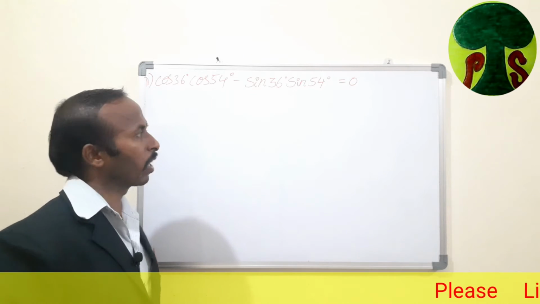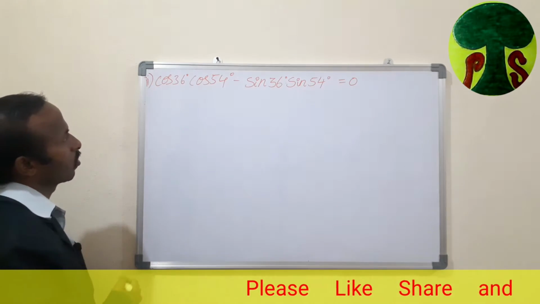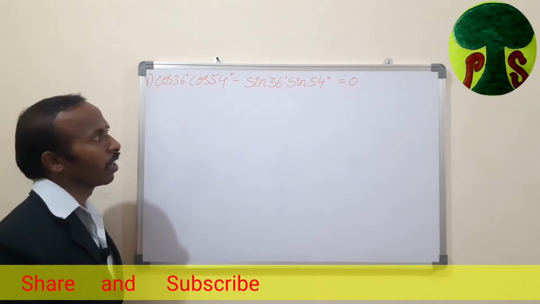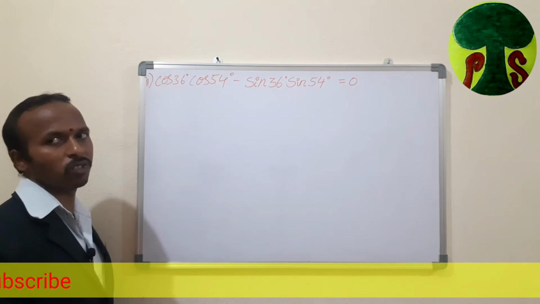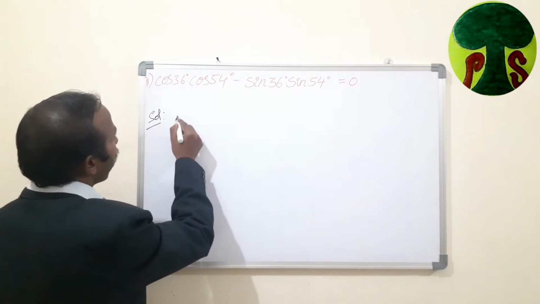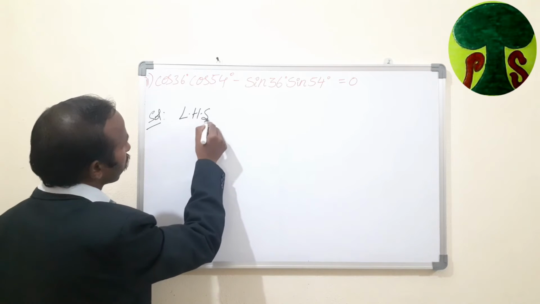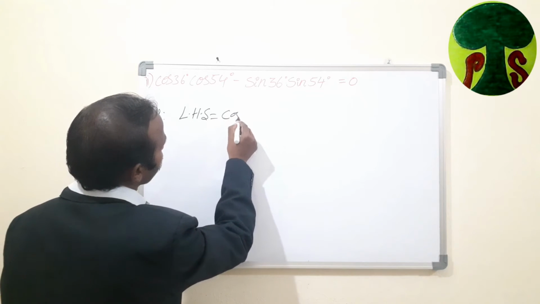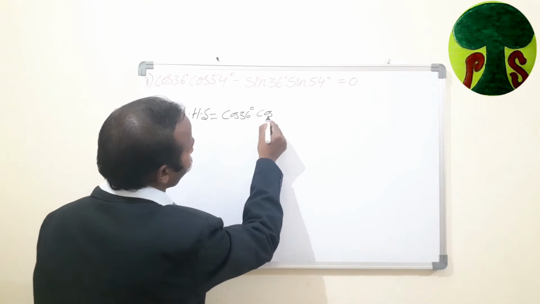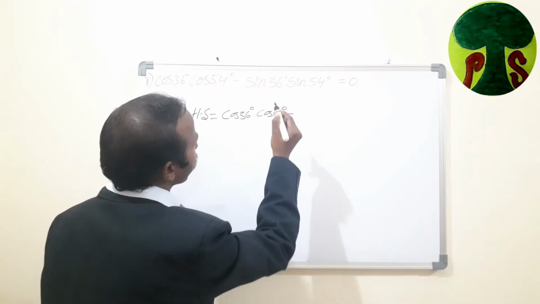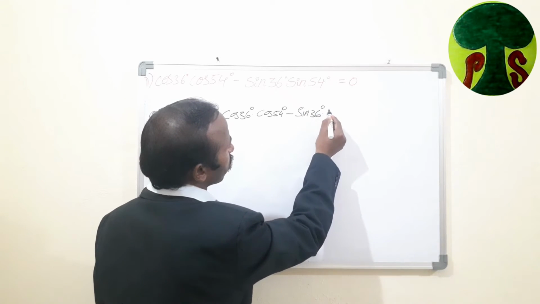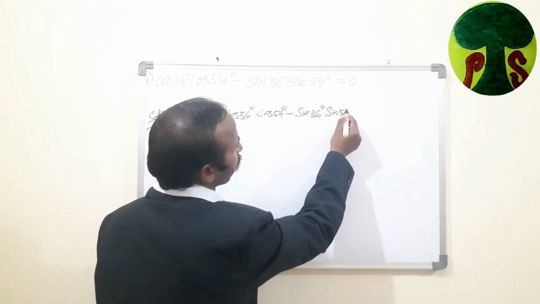Let's see another question for better understanding. That is cos 36 degrees into cos 54 degrees minus sin 36 degrees into sin 54 degrees equals 0. Let's see the solution. LHS equals cos 36 degrees into cos 54 degrees minus sin 36 degrees into sin 54 degrees.